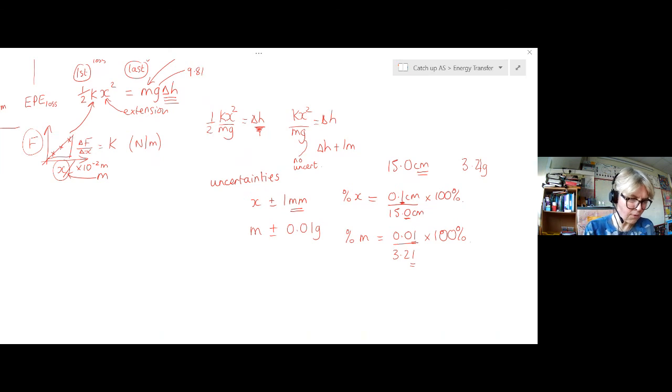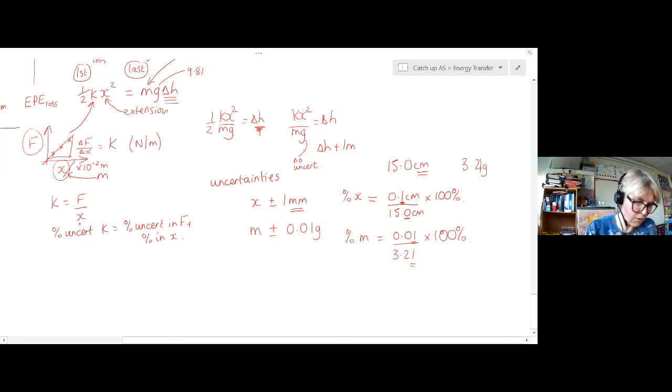But just for now, because I've worked out K using the force divided by X, let's say that the percentage uncertainty in the K value is equal to the percentage uncertainty in the F value plus the percentage uncertainty in the X value.